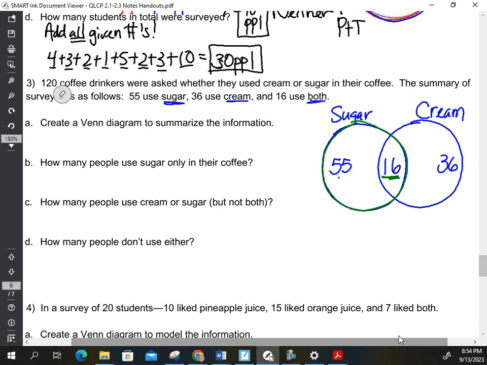So to figure out what number goes here, you take 55 minus the 16. So that's 39. So now the sugar adds up to 55 the way it's supposed to. So part B, how many people use sugar only? That's 39.